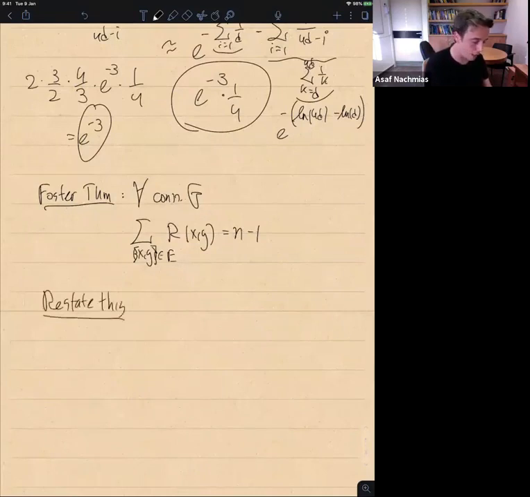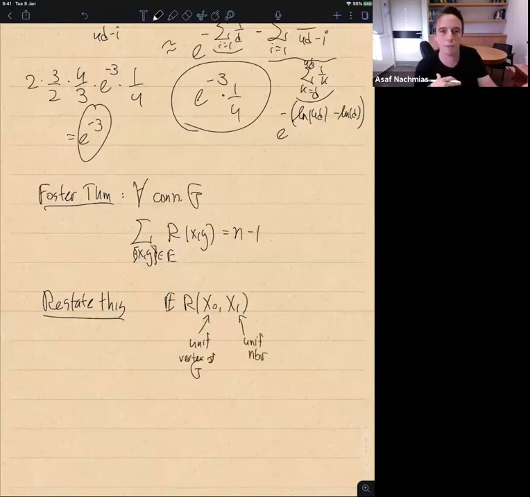If I look at the expected effective resistance between x0 and x1, where x0 is a uniform vertex of G and x1 is a uniform neighbor, this is really just choosing a random edge.